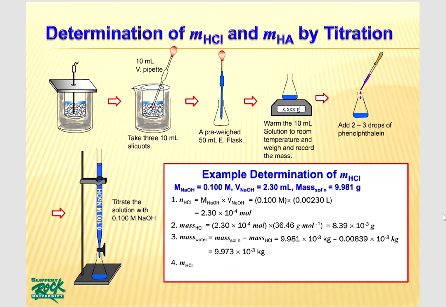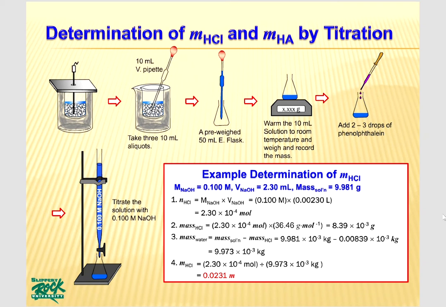Finally, the molar concentration of HCl is the moles of solute divided by the kilogram mass of solvent. It is 2.30 times 10 to the negative 4th moles divided by 9.973 times 10 to the negative 3rd kilograms, which is equal to 0.0231 molar.